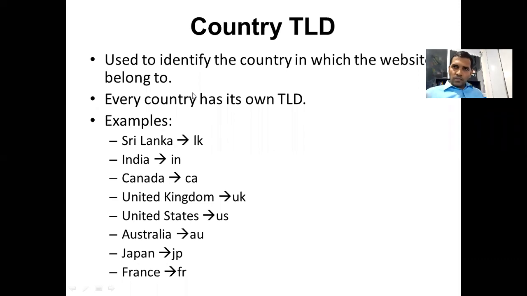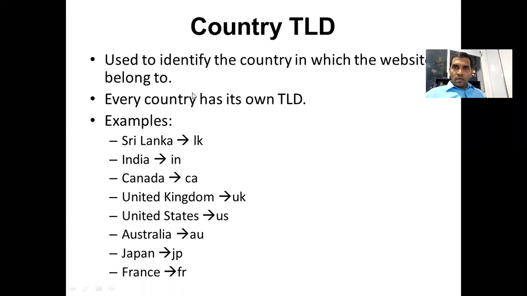Right. So as we discussed earlier, a country TLD represents the particular country in which that website is registered. If it is LK, that represents Sri Lanka. Similarly, each country has its own TLD. If a company is registered in India, it would have a different country TLD.